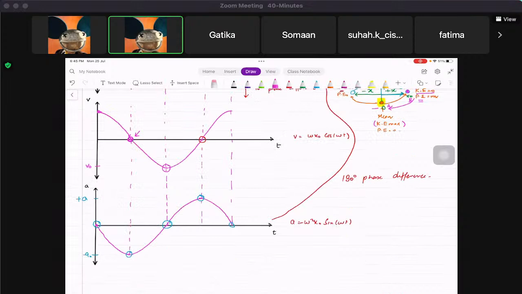When you stretch the rubber band to the maximum, do you feel the force there? If you feel the force, the rubber band wants to come back to its original shape, so acceleration has to be there, although the velocity is zero. Do you understand?